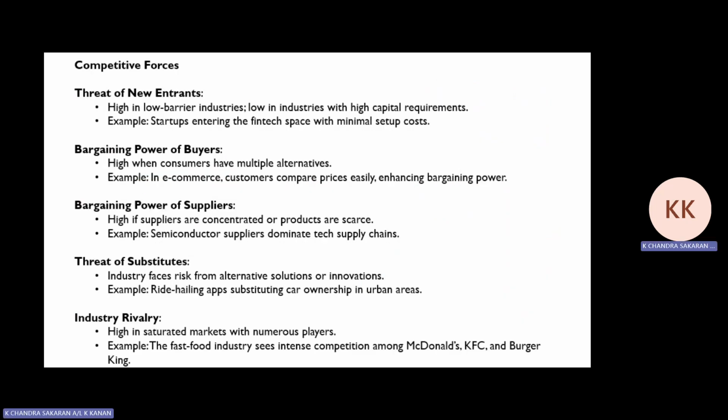So competitive forces. What are these competitive forces? If you study management, they will teach you competitive forces. Have you done Management 101? Okay. If you study management, they teach you the Porter model and so on. That means when you talk about firms, they talk about threats, opportunities, strengths and weaknesses.